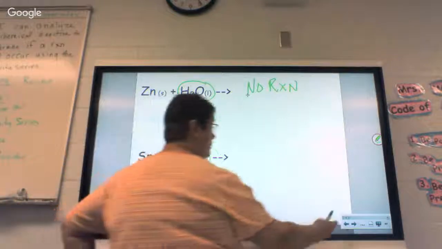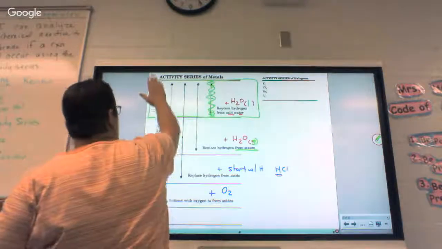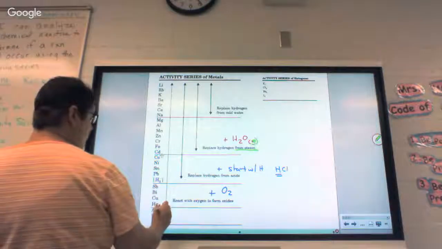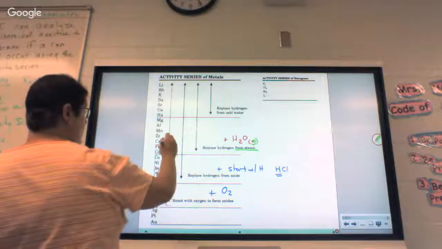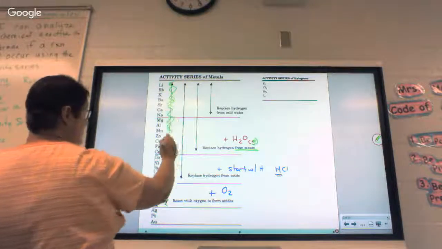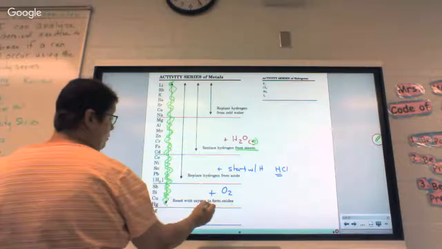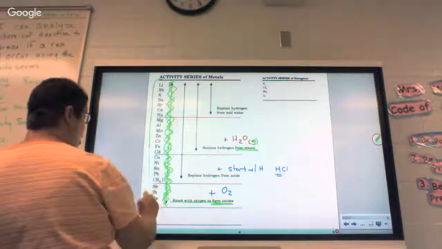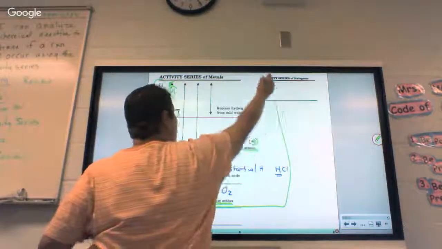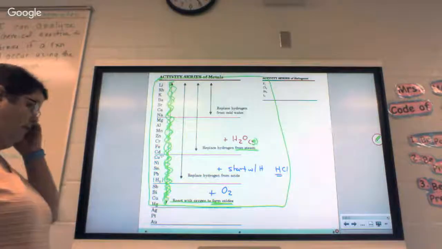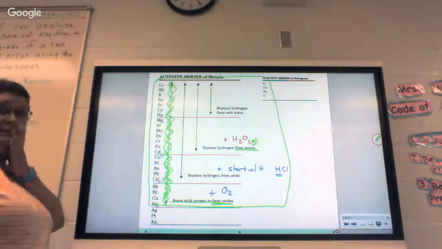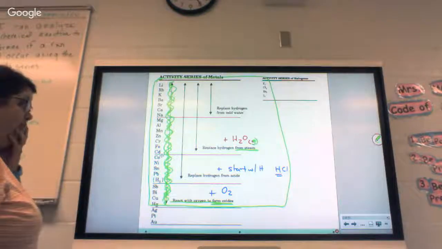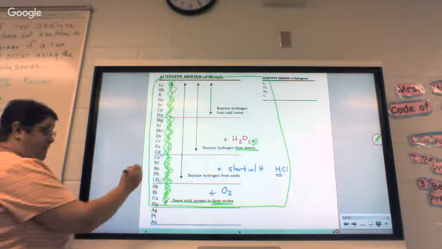Now this time, the oxygen arrow is this arrow. Everybody see the difference? Oxygen is here. That means this whole big section is the arrow. Is tin in that section? Everybody see it?